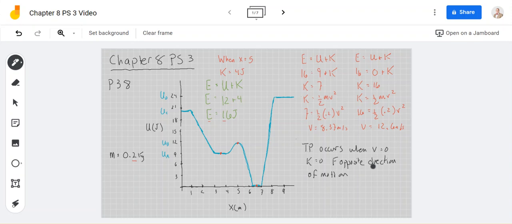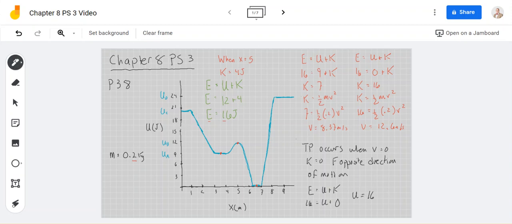So what does that mean? As the particle moves to the right from here, the potential energy goes up. Now, if the total energy is equal to 16, and it's U plus K, what happens when the K is equal to 0? Well, 16 is equal to U plus 0, so the potential energy should be equal to 16 at the turning point.